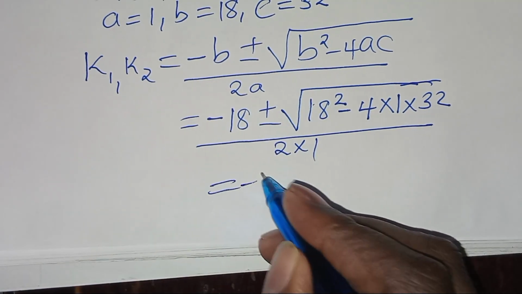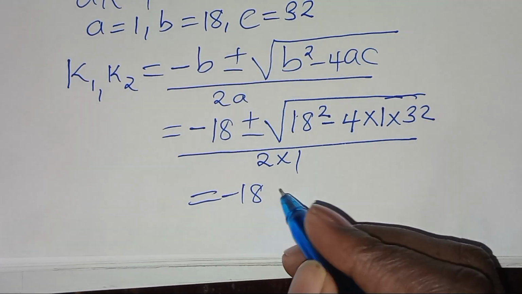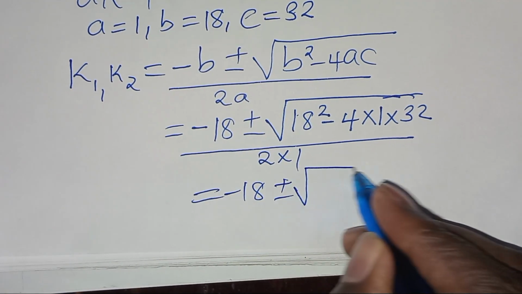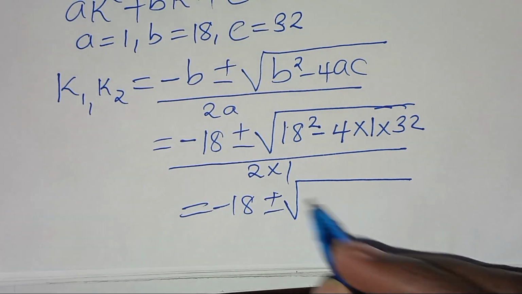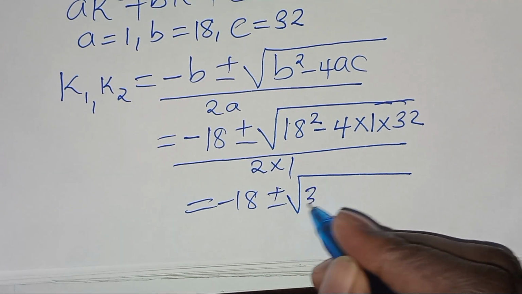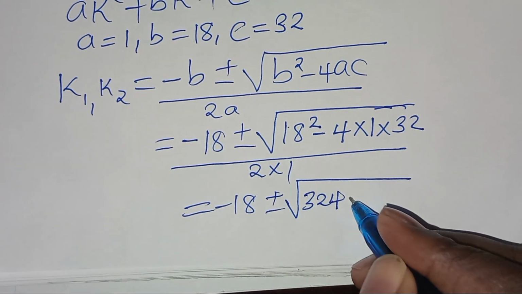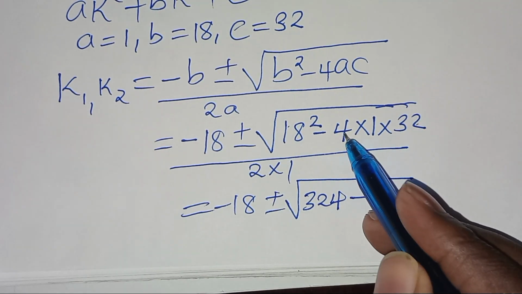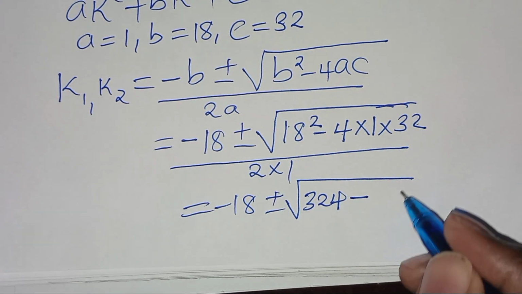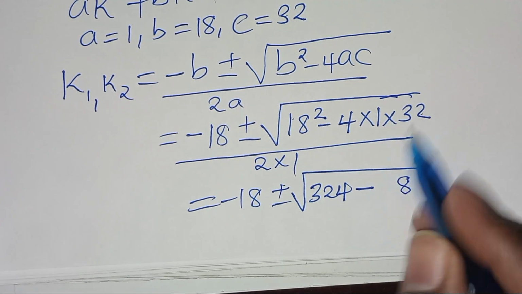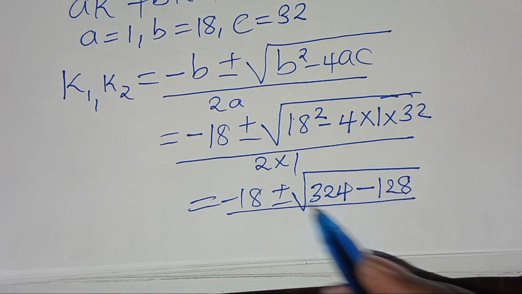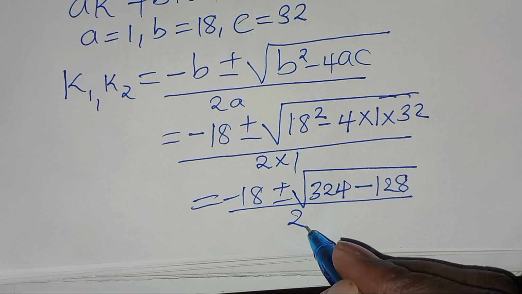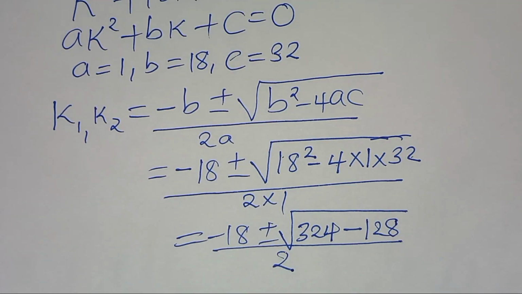Now here we have minus 18 plus or minus the square root of 18^2, and this is actually equal to 324, subtract 4 times 1 times 32, which is 128, divided by 2. So let's proceed from here.